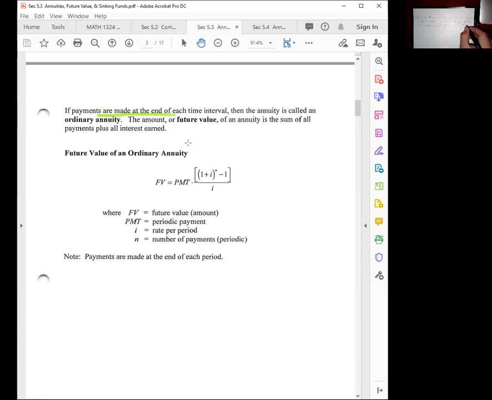And N is M times T. So 2,400 times 1 plus R over M, 0.013 over 12, to the N, that would be 2 times 12, 24, minus 1, everything over R over M, which is 0.013 over 12. Remember, I gave you that prettier looking formula.